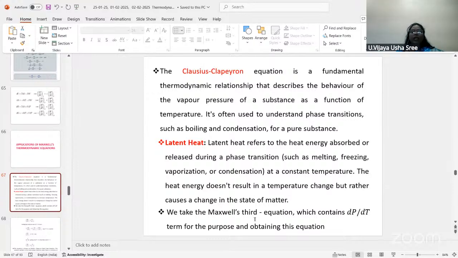Again, we use Maxwell's third equation, which contains dP by dT, for obtaining the equation.